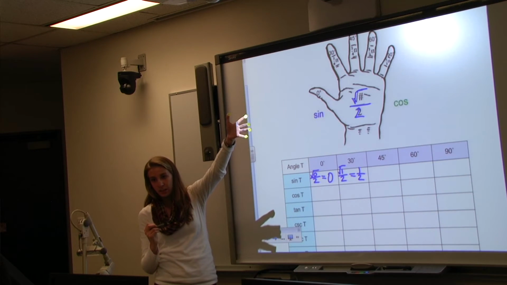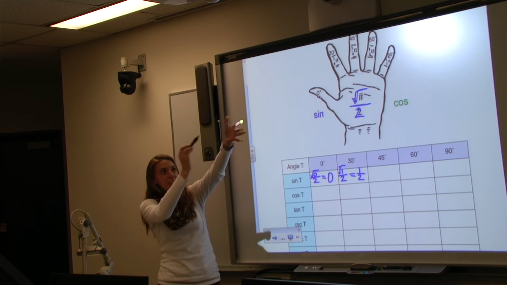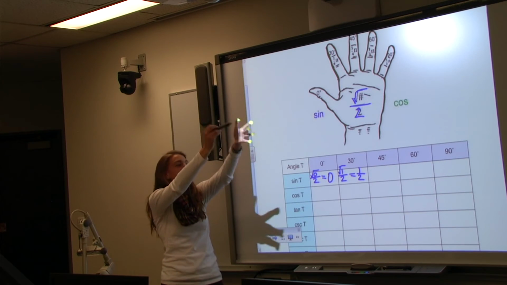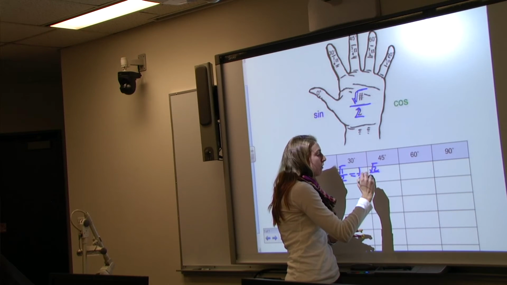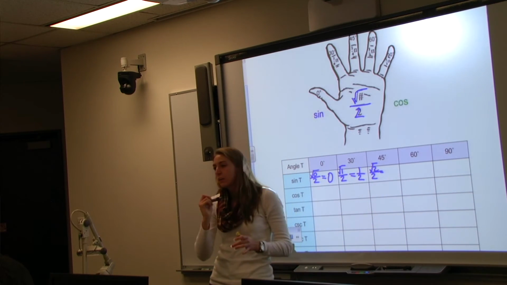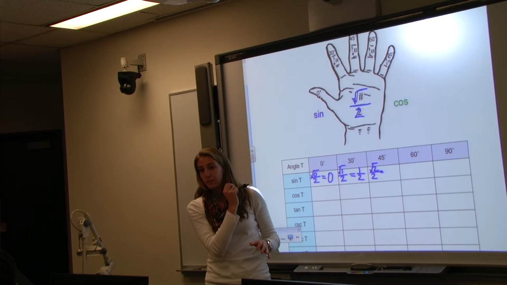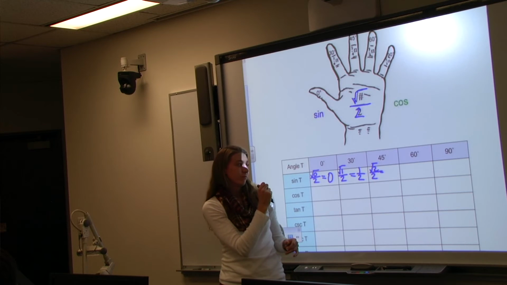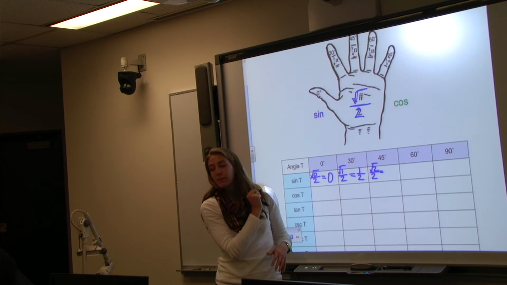What number finger is it? Whoa, we're starting with 0. 0, 1, 2. So we have the square root of 2 over 2. Can we simplify that? No, we can't. We got stuck there, so we're going to leave it as the square root of 2 over 2.